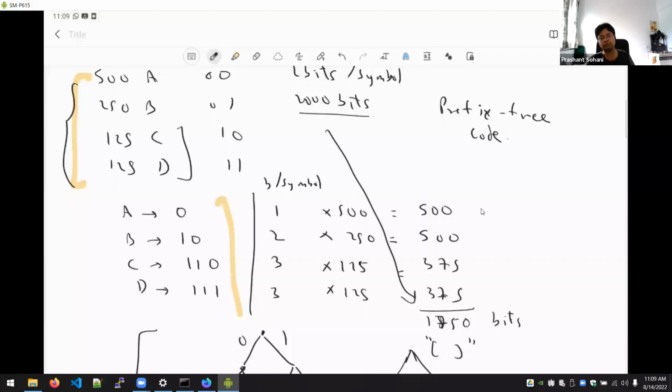But there are some other places also where you actually require prefix code. Can you think of some place where you require prefix code in real life? Why would you require prefix code in real life?